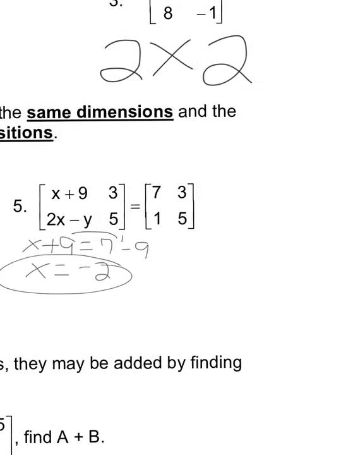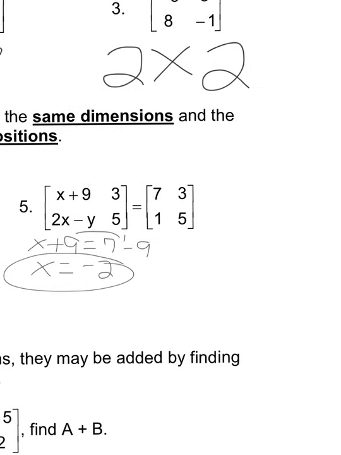Now, our second one: y is located in the bottom left-hand corner, and it has 2x minus y with it. So it's 2x minus y, and it's equal to the bottom left-hand corner of the other matrix, which is a 1. We already solved for x, so I can plug that -2 in for x. So it's 2 times -2 minus y equals 1. 2 times -2 is -4, minus y, or minus 1y, equals 1.